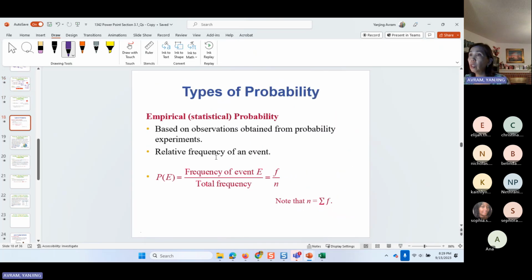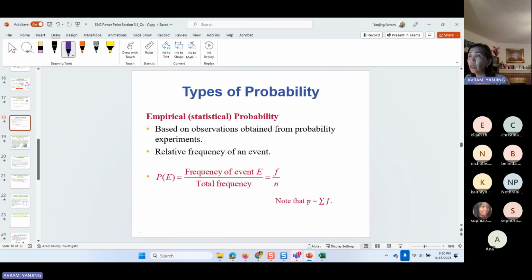All right, so we're going to talk about the empirical rule. There are 3 different types of probability. One is called the empirical rule, or statistical probability. It's based on observations obtained from the experiments. The relative frequency of the event is the frequency of the event, f, divided by the total frequency, n.